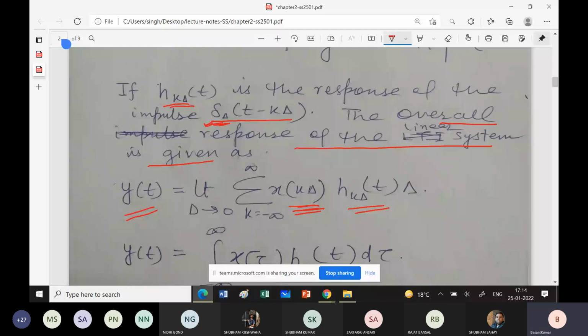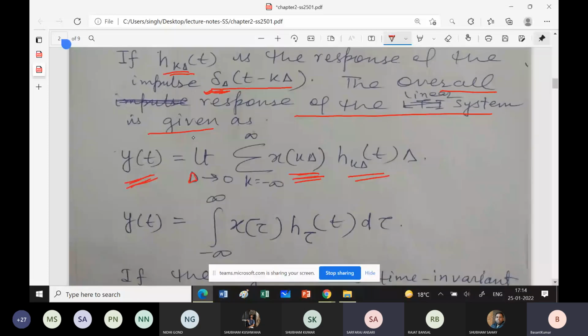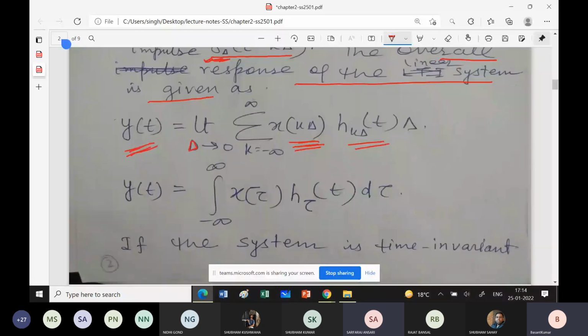And again, you can put the limit that delta t tends to 0. So when you put this limit, you can change this summation operation into an integration operation, and you get y(t) equal to integral of x(tau) h(tau) d tau.